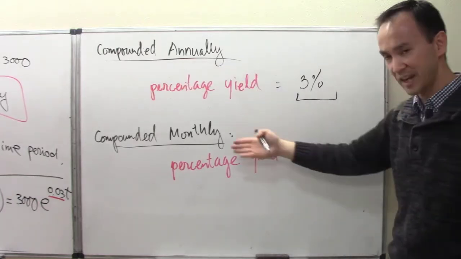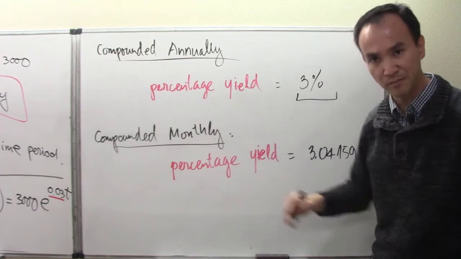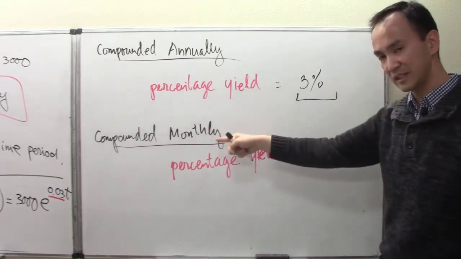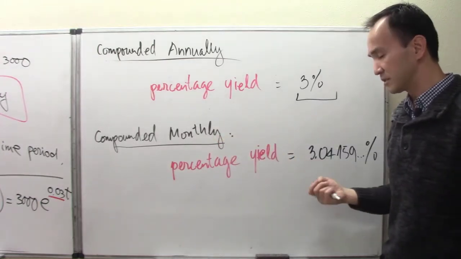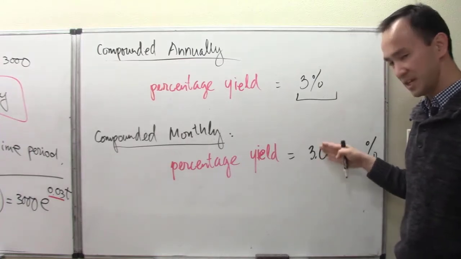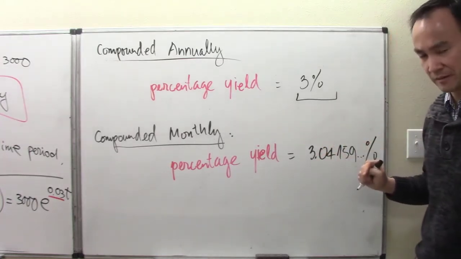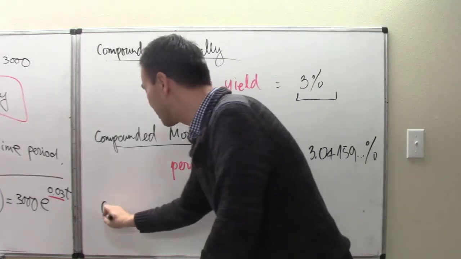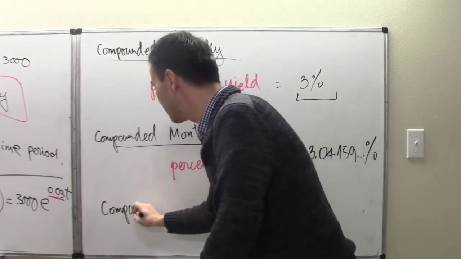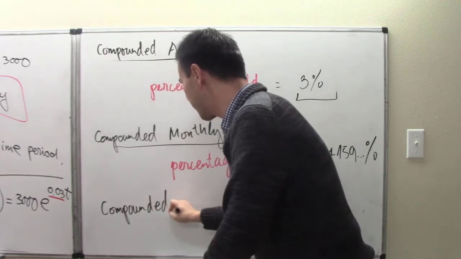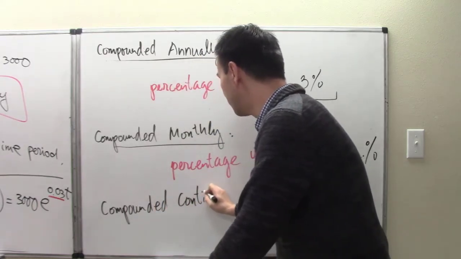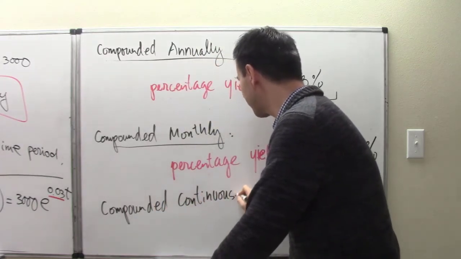But now as we keep increasing the number of compounding periods in each default time period, we're going to keep expecting a higher and higher percentage yield. That's why, as we saw earlier, when it comes to compounding our interest continuously, I only need to show a couple of plans here.